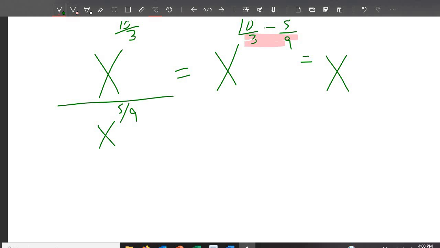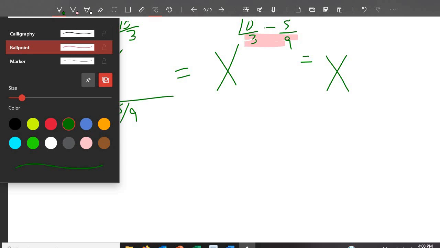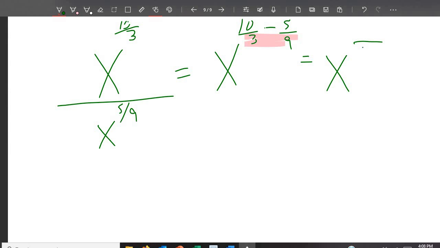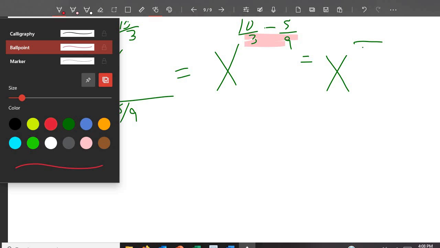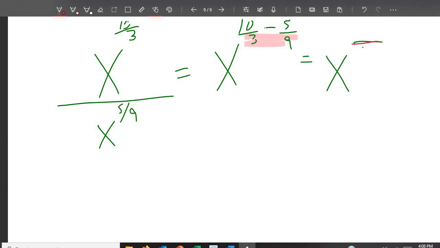So I'm going to get 27 in the bottom. Cross multiply. 10 times 9 is 90. 3 times -5 is -15. Keep going. That's going to give me 75 over 27.